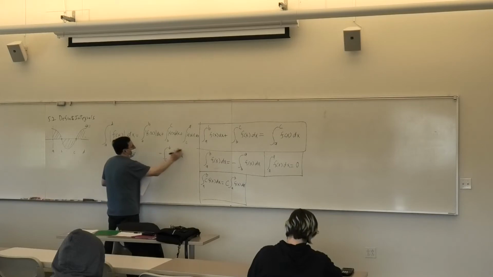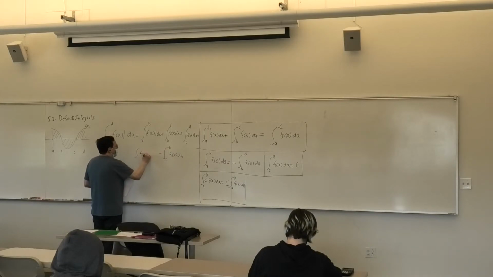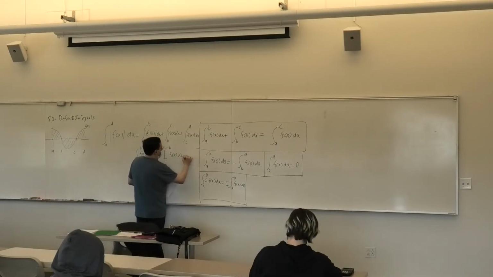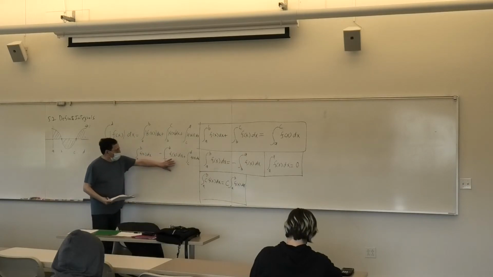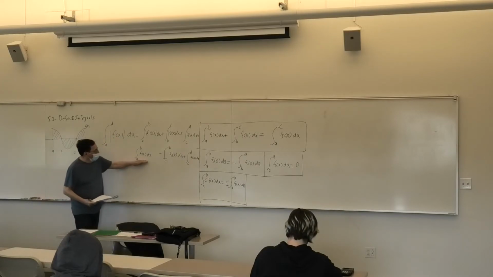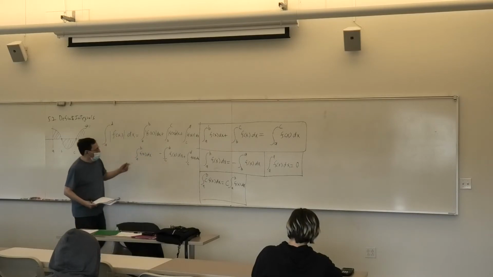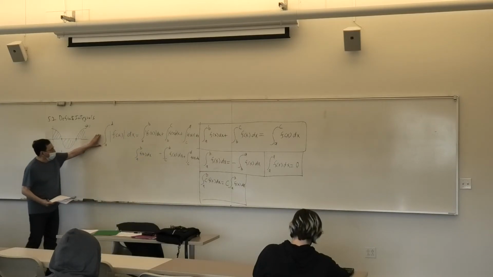This is positive, so it's just the integral of f of x from a to b, and this is f of x from c to d. Well, f of x between b and c is negative, but if we just evaluate these integrals and subtract this, which will be negative, we will get the result we want.